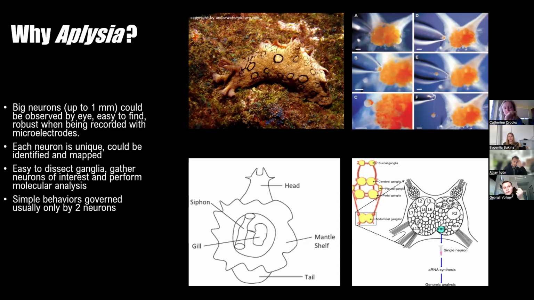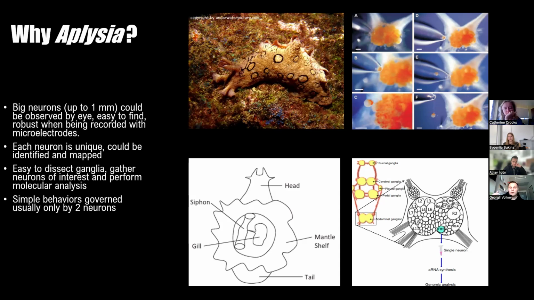And what is also really important, because we remember about cats or some other animals, is that the problem of complex behaviors and complex cognitive functions is that they're governed by hundreds, thousands of neurons. Here, some behaviors very important for the survival of these mollusks, like the gill withdrawal reflex, which we will talk about in the next slides, are usually governed by two neurons, one sensory neuron and one motor neuron.